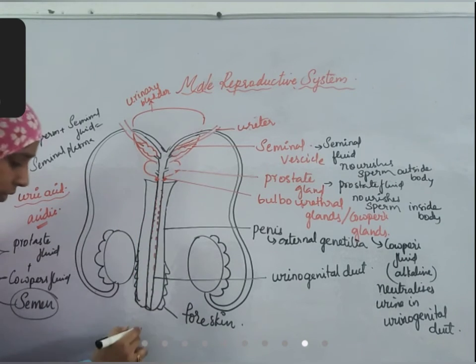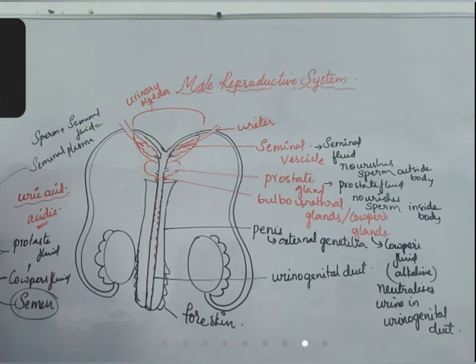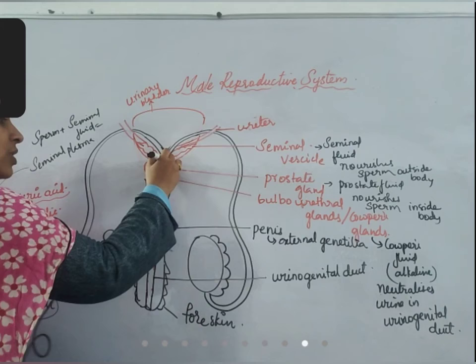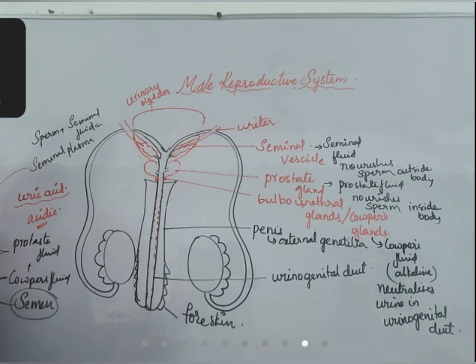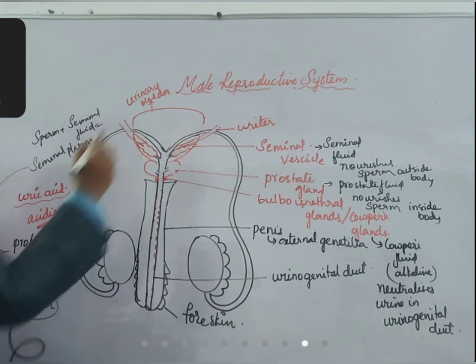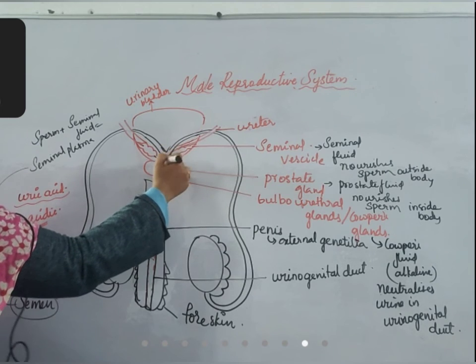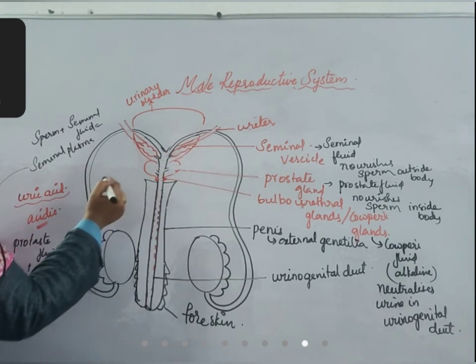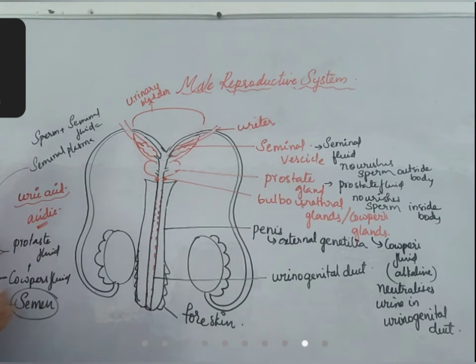Semen is released out of this urinogenital duct. Okay, and this part of the duct from here to here is called the ejaculatory duct. All things are ejaculated here. Sperm is entering here, seminal fluid is entering here, prostate fluid is entering here, and Cowper's fluid is also entering here.